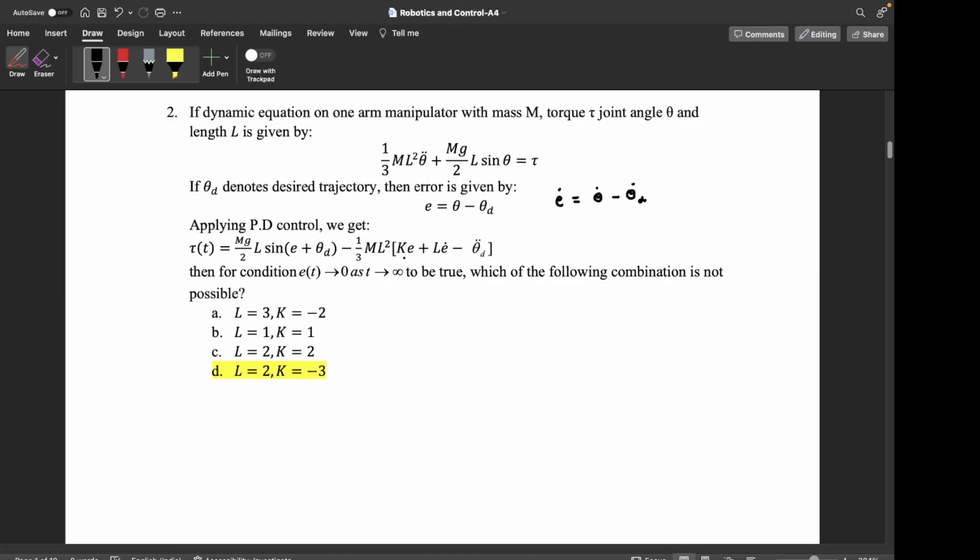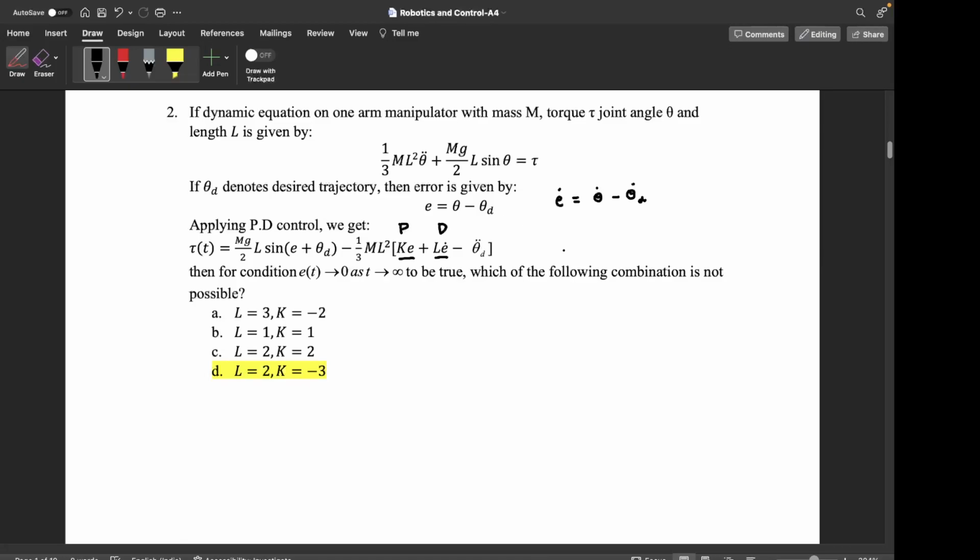From this term, this K e is the proportional term, K into the error between the positions or joint angles, and this is the D term, the error between the joint velocities, and these K and L are called gains.